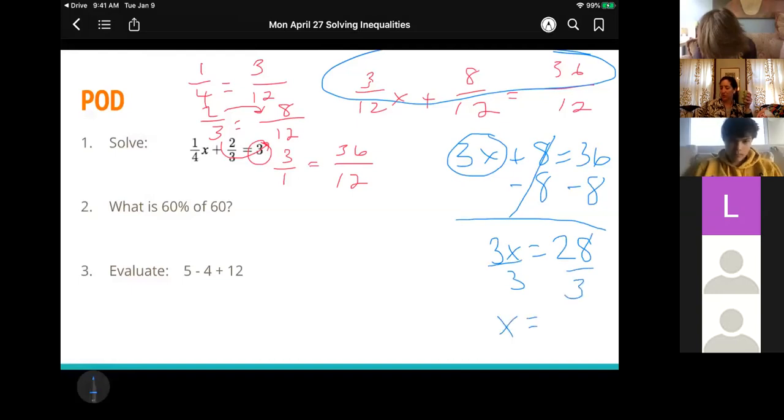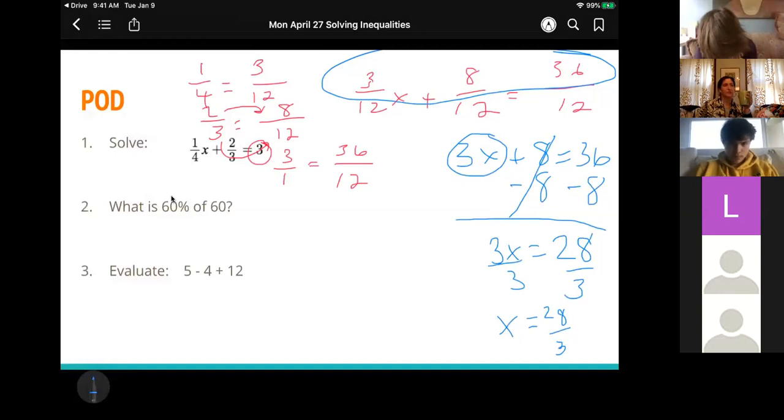And we can just say 28/3. Does anybody have it as a mixed number? What is 28/3 as a mixed number? Oh, and what do you think? What's 28/3 as a mixed number? Yeah.